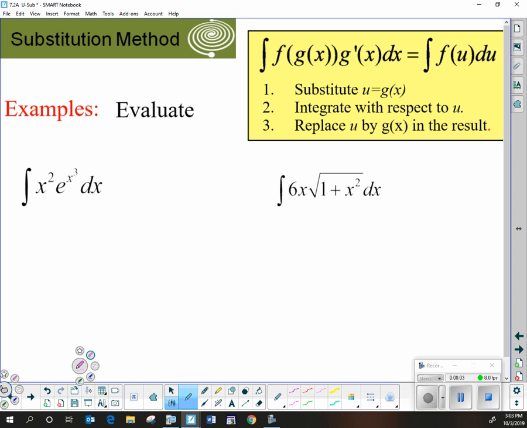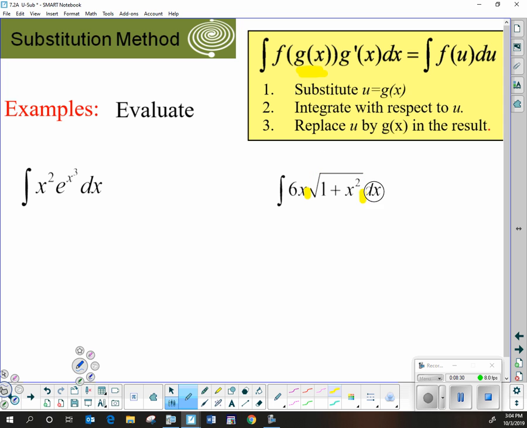Next, I'm looking for the more complicated function, and my eye is drawn to this piece right here. I can see I've got a square root function as well as a 1 plus x squared function. So I've got an outer and an inner function. That inner function is like this g of x.